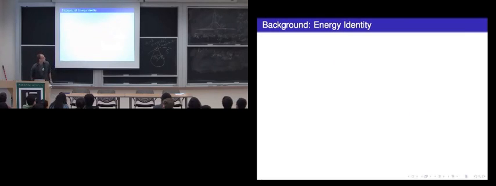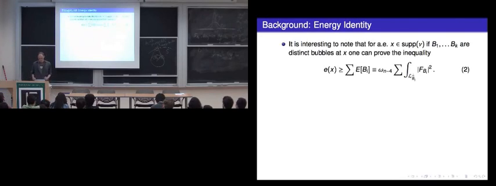Okay. So the energy identity, which you might start to guess at this point, is supposed to be the following. Let's make an observation first. Take some point in the support of the defect measure here. Let's look at a whole bunch of, I'm going to call them distinct bubbles at that point, and I'm not defining for you what distinct means.